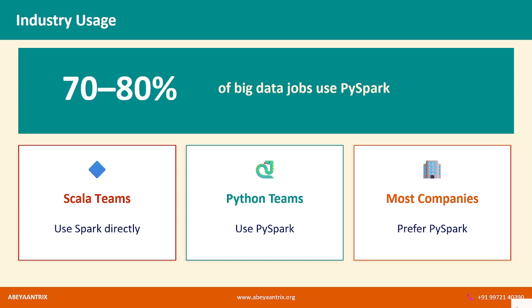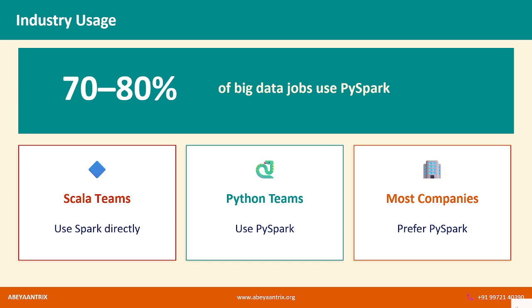Then only they can use it. Something like that. I can access it directly because it is written in Scala. But other Python users, if they want to use it, have to use PySpark. In Scala, I don't need anything extra to access Spark because it is already written in Scala.